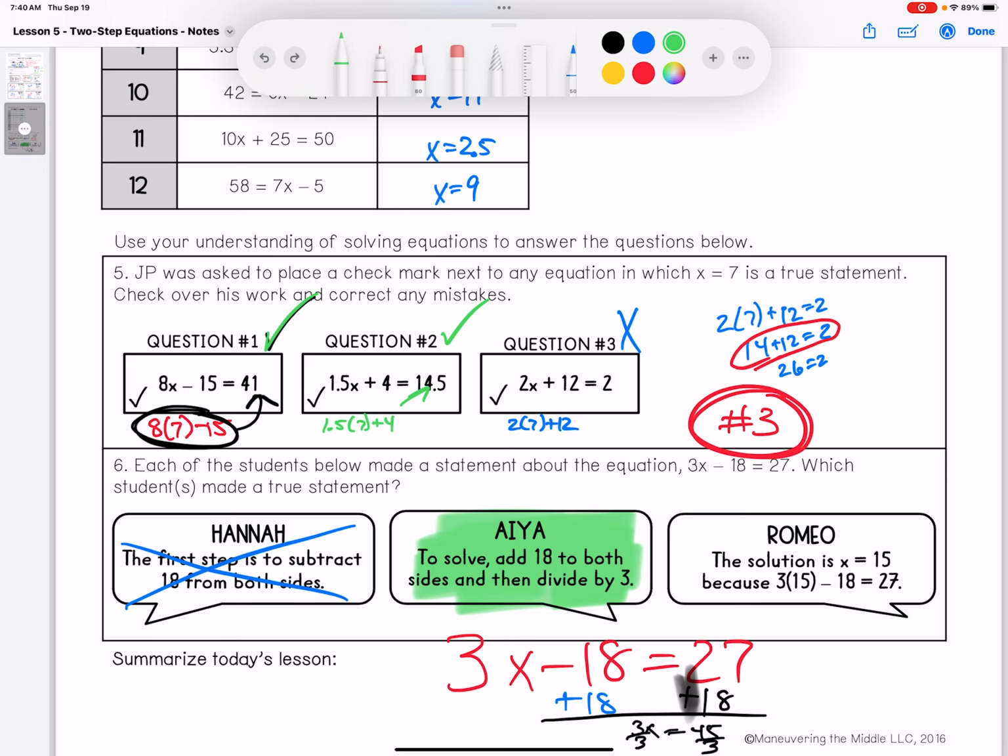Yes, it does. Okay, so both Aya and Romeo are correct. So you can write that, since you don't have highlighters, you can just write Aya and Romeo are correct.